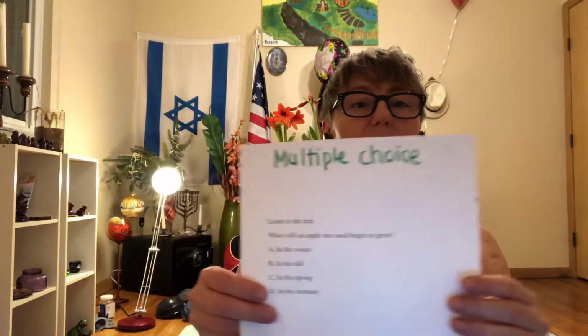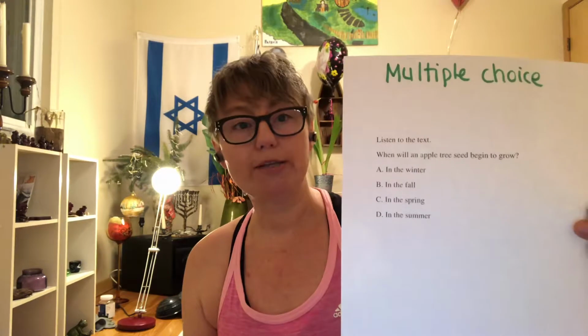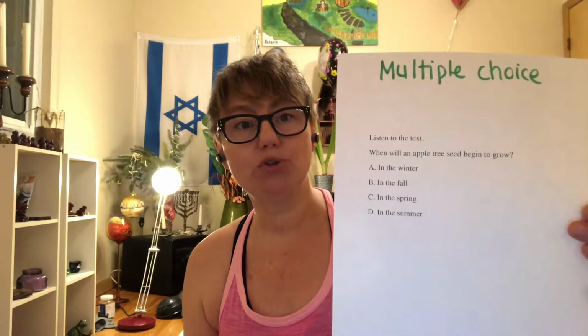Very good. It's an informational text, and that is why it is a little bit harder. So now I want us to answer multiple choice questions. I will read to you the questions, and together we are going to answer the questions.